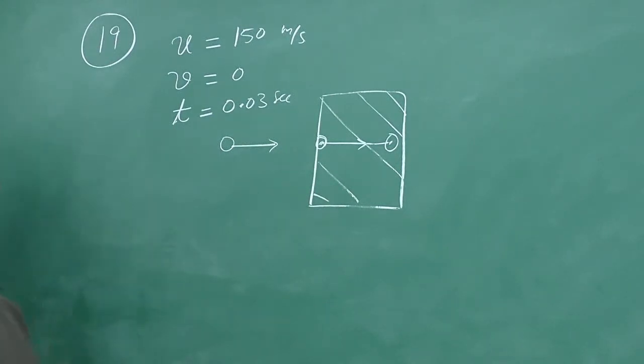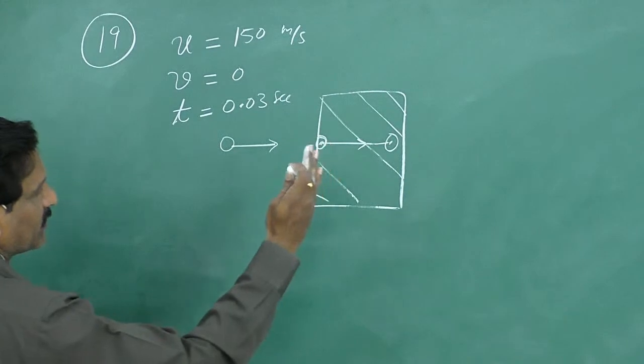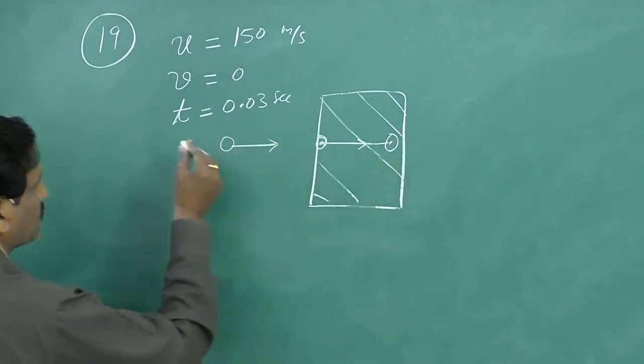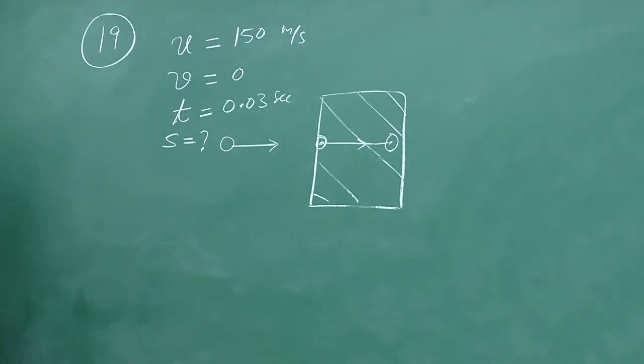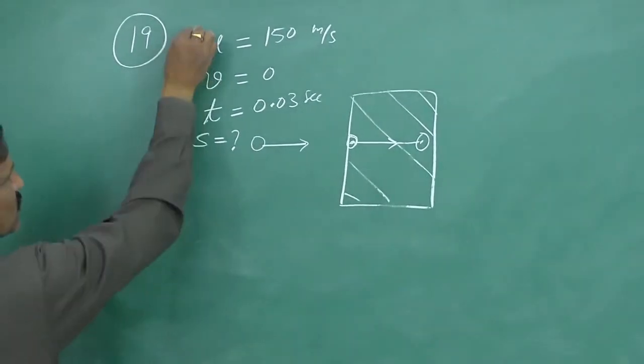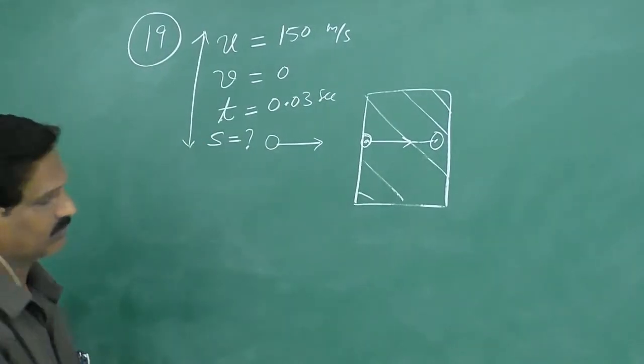We have to calculate the depth of penetration, the distance of penetration, that is S. We also have to calculate the acceleration, because there is no relation which involves these four parameters.